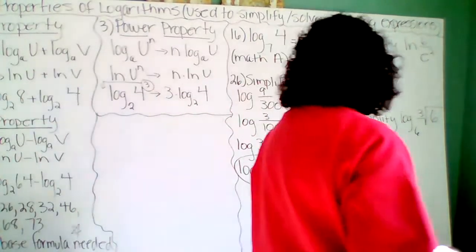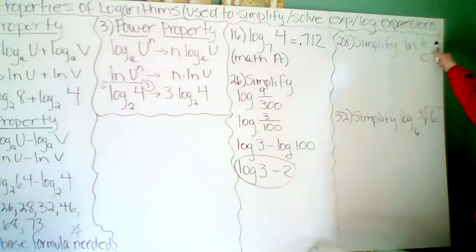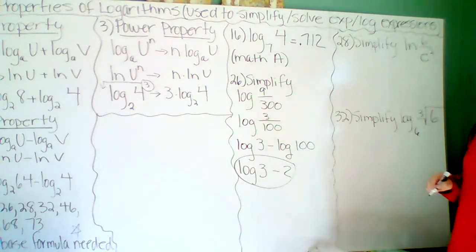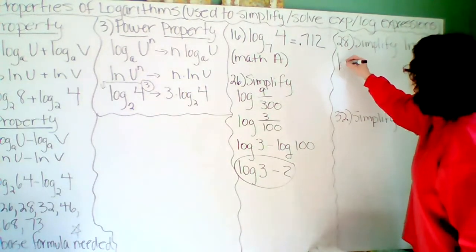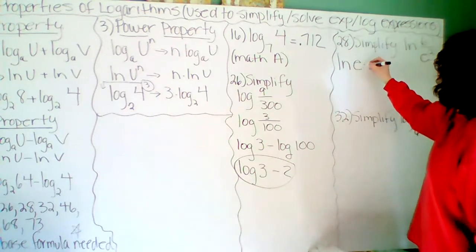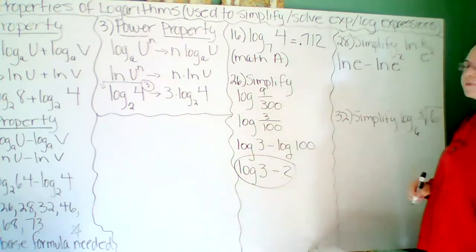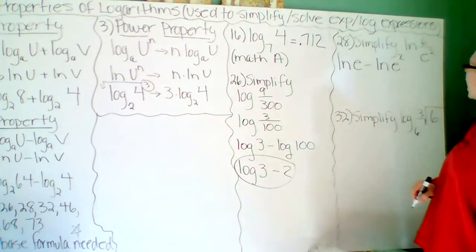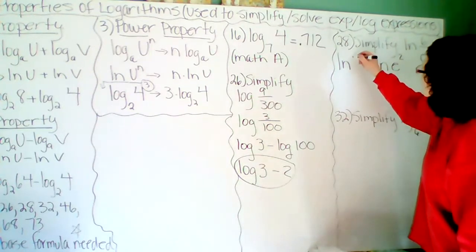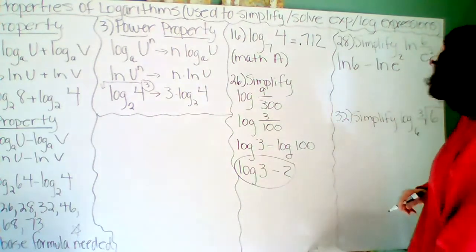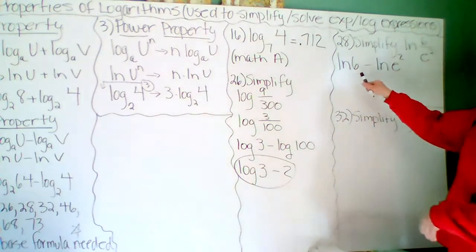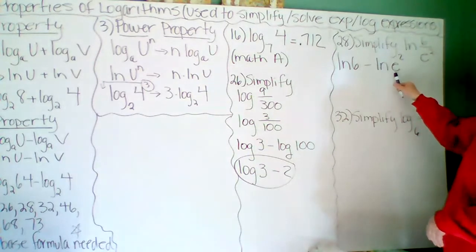What if you are asked to simplify the natural log of 6 divided by e squared? Let's try the quotient rule again. Let's try splitting it up. That would be the natural log of 6 minus the natural log of e squared.